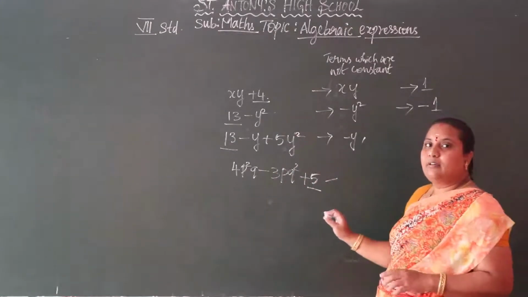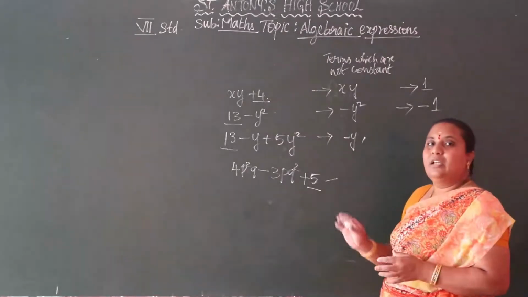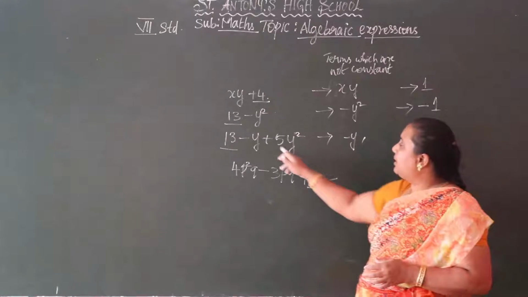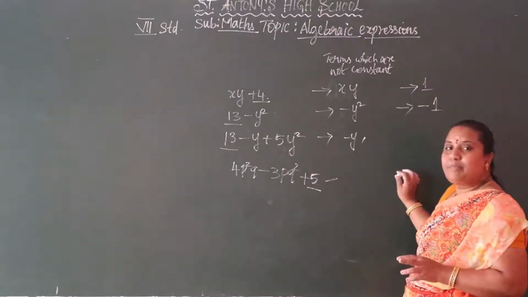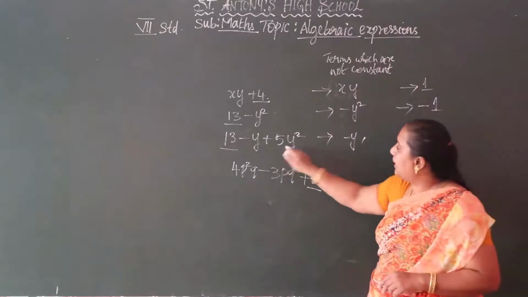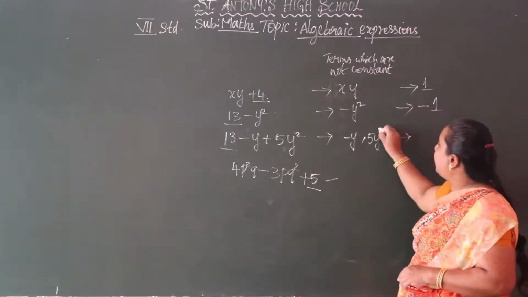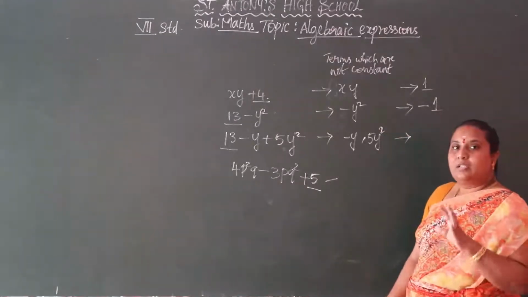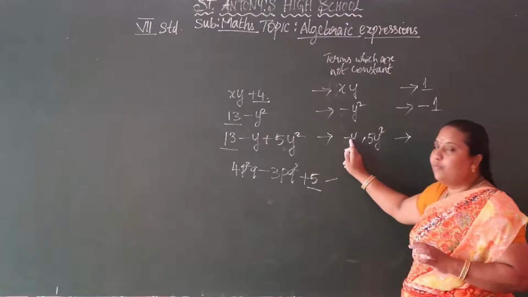If there is a subtraction symbol, it is compulsory to write it. If there is an addition symbol, there is no need to write plus. The second term is 5y square. So the numerical coefficients of the terms: what is the numerical coefficient here? Minus 1.